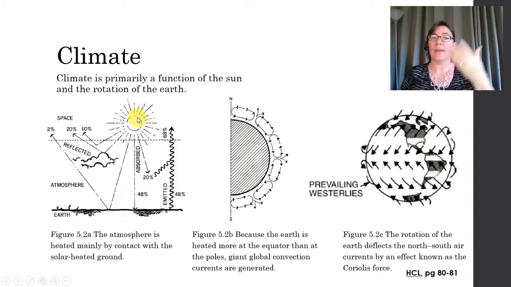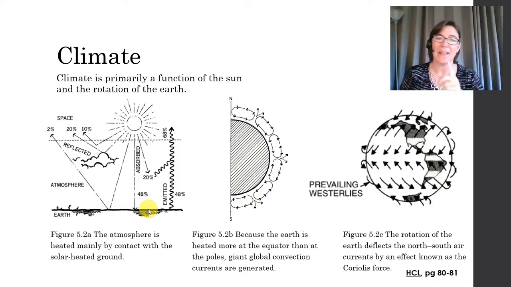The sun's radiant energy comes through our atmosphere relatively unfazed, hits the ground, heats the ground up, and that heat is radiated out into our atmosphere, heating up the atmosphere that we live in.